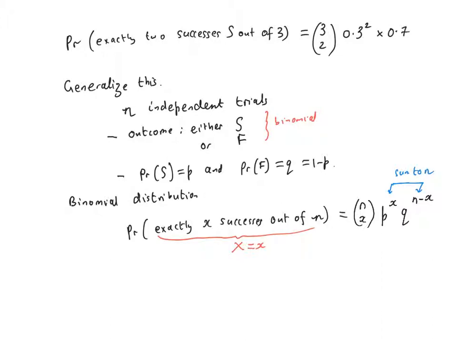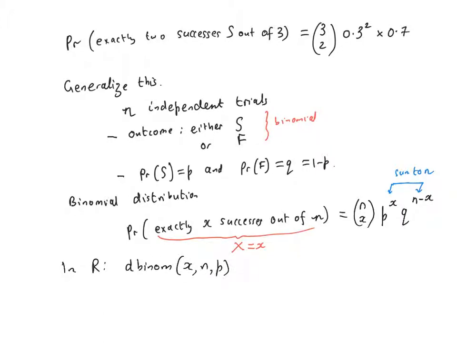Now, if you like statistical computing packages, there's one called R, and in R you could work out this probability by using the function dbinom, and you'd write dbinom(x, n, p).